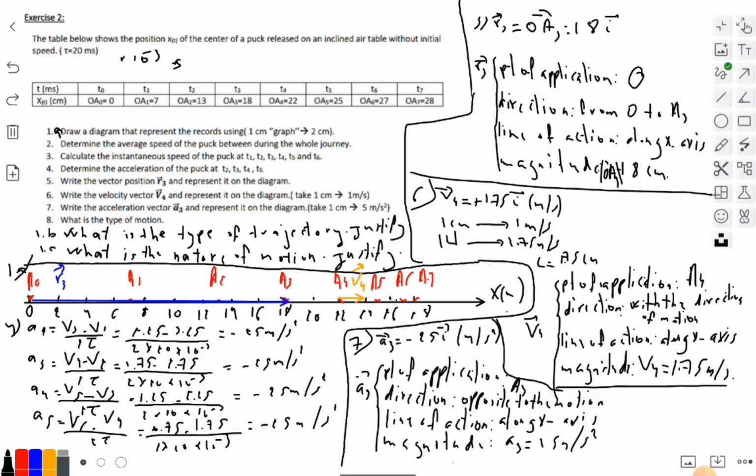We use the scale 1 centimeter corresponding to 5 meter per second square.